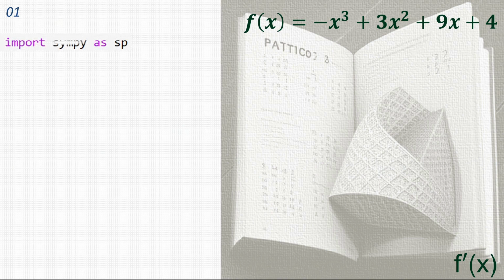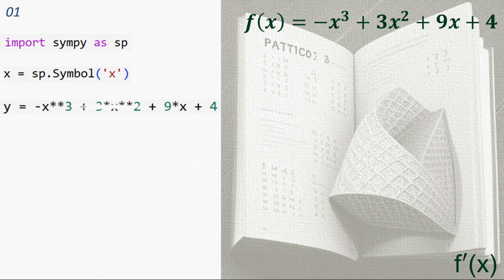As always, we start by importing the SymPy library. Next, there's an interesting step. We declare our own symbolic variable, x, which will be used for various mathematical manipulations. This lets the system know that x is the variable we'll work with in our math functions. Below that, we define our function.